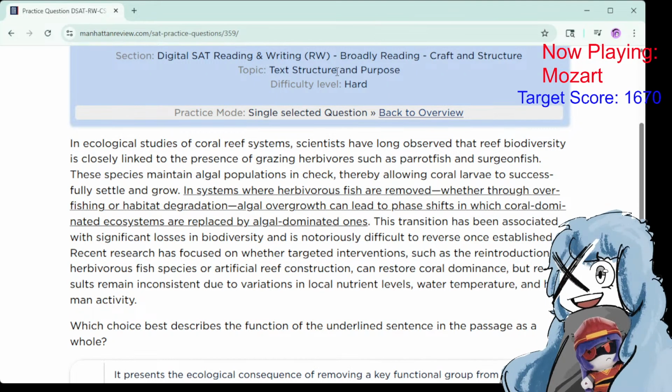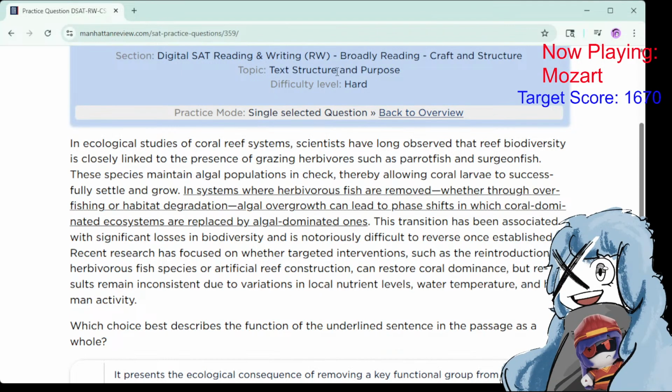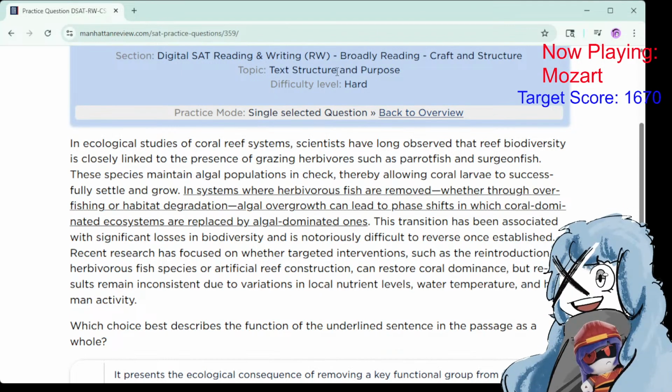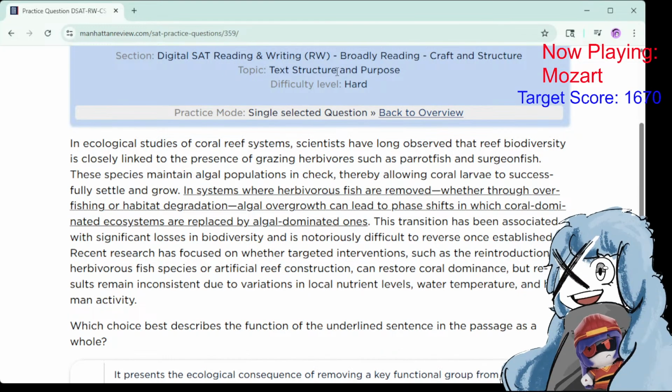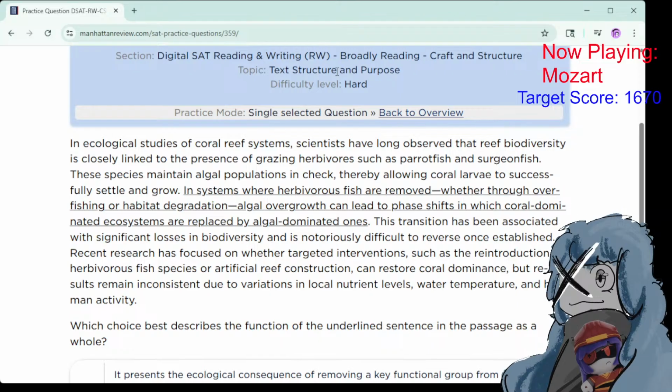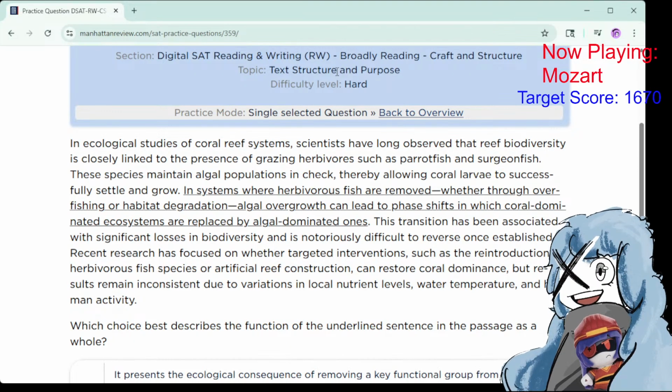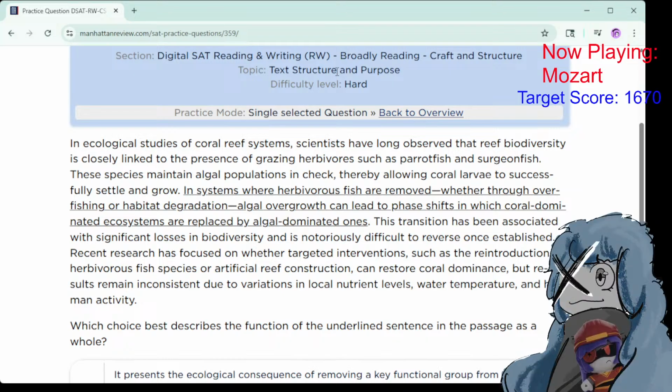In ecological studies of coral reef systems, scientists have long observed that reef species diversity is closely linked to the presence of grazing herbivores such as parrotfish and surgeonfish. There's a saying that grazing herbivores are the reason why there's big biodiversity in coral reefs.